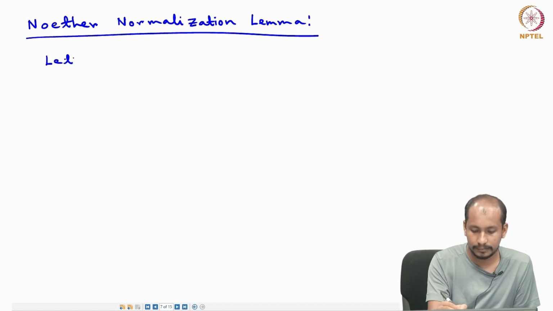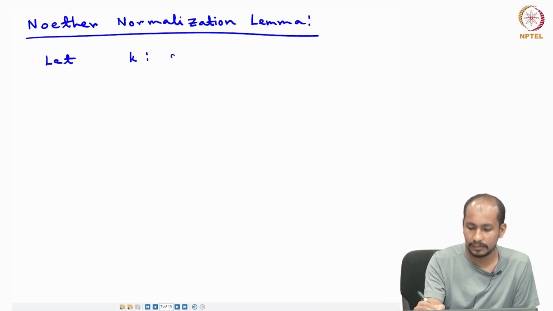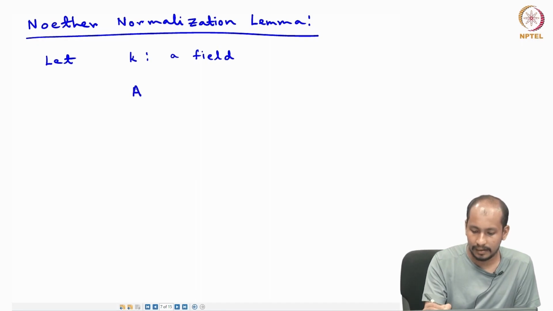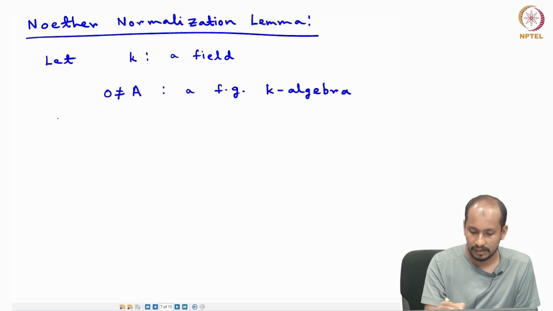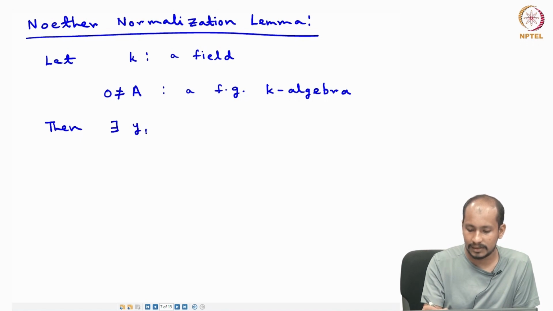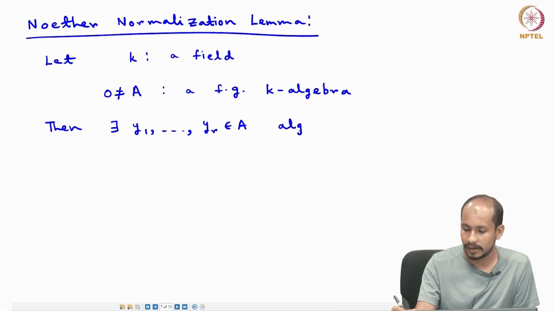Let K be a field and A, not equal to 0, be a finitely generated K algebra. Then there exist some elements, say y1 up to yr inside A, which are algebraically independent.